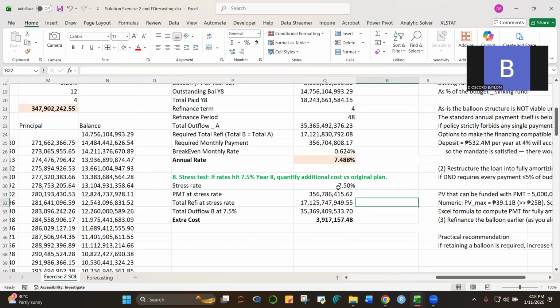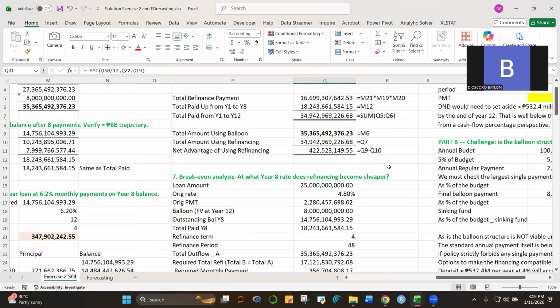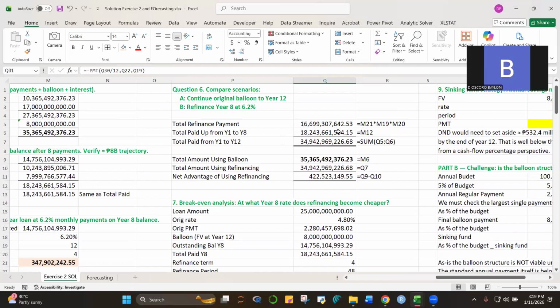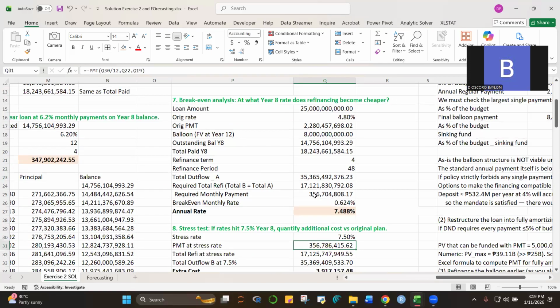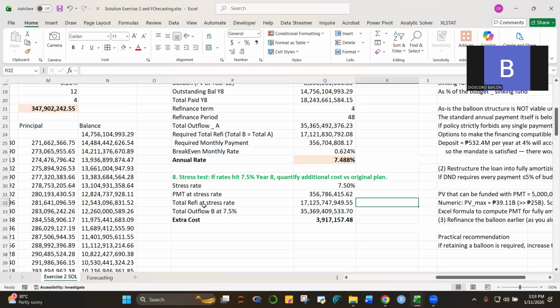And that can be easily solved here. So stress rate at 7.5%. Therefore, our PMT when using 7.5% will now be 356,786, as compared to 347 if it were only 6.2%. So we can compute the total.